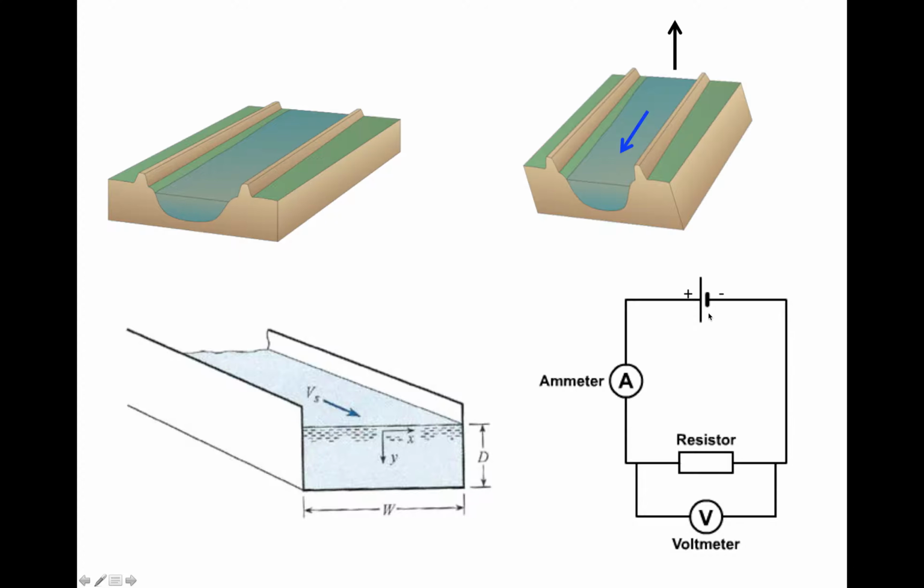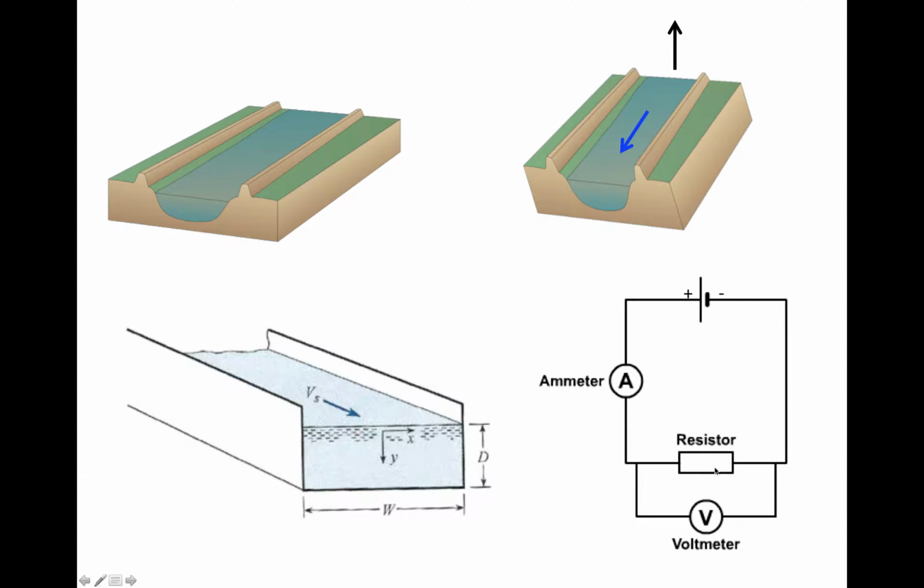So positive charges will flow from the higher voltage terminal to the lower voltage terminal. In this flowing process, it's going to drive different kinds of electric components. In this particular example, it's a resistor, an ammeter, and a voltmeter.